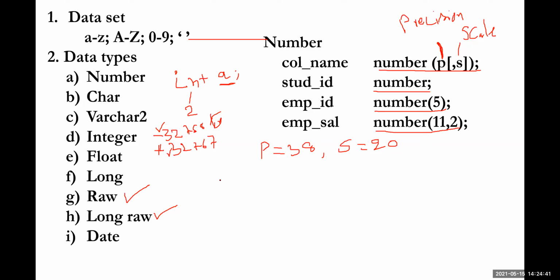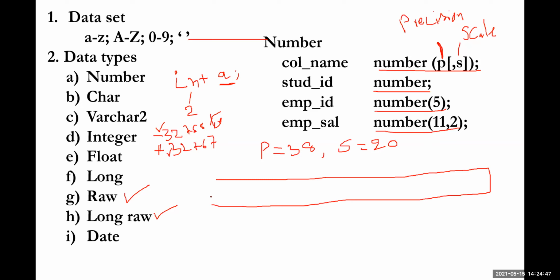Let me draw a small diagram for you. For example, this is the 38 bytes which have been occupied. This is the total precision, which is equal to 38 bytes. Out of these 38 bytes, from the least significant bit onwards, 20 bytes will be considered as scale.